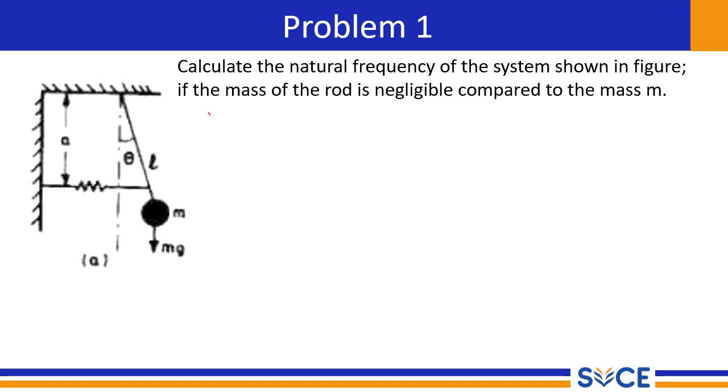The applied torque, here we have to write it as J. Since it is rotational motion, it is J theta double dot, which is going to be equal and opposite to the restoring torque.